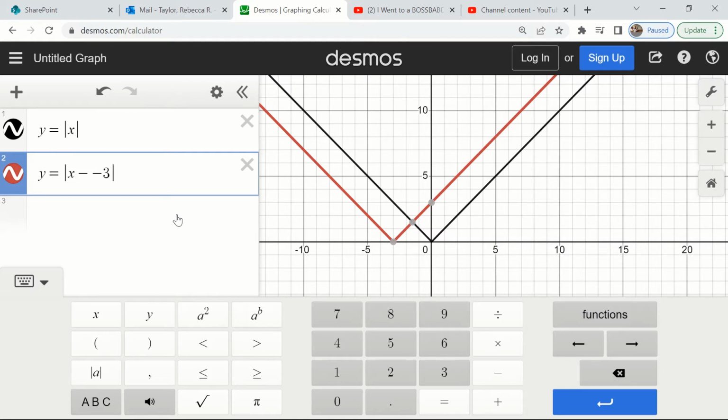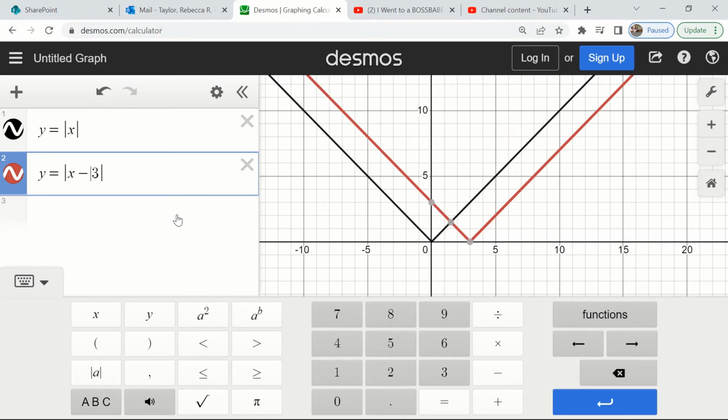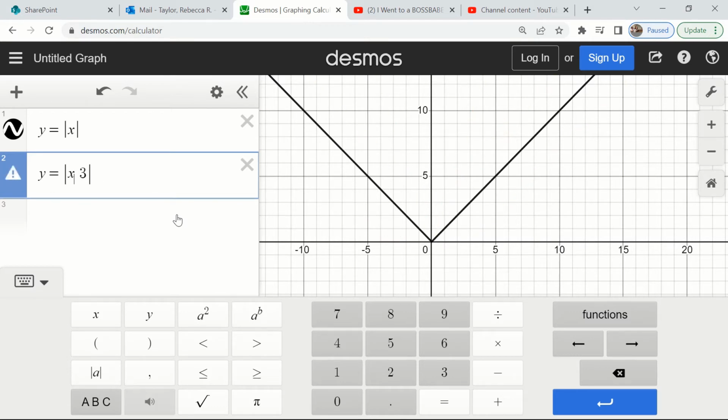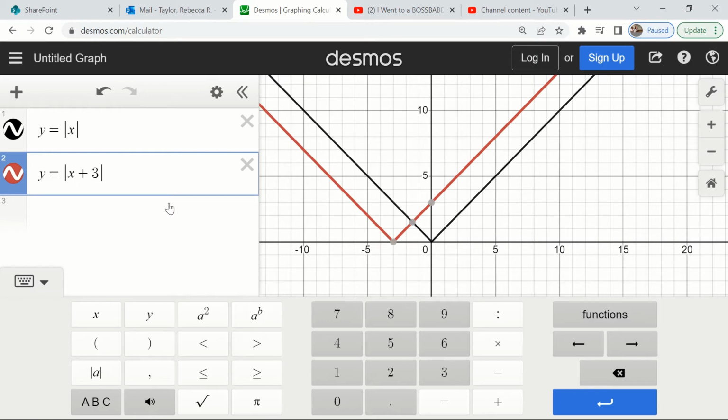You can really see that. Subtracting a -3 does exactly the same thing as adding 3. This is probably the most common mistake that students make every year with the transformations: the left and the right are backwards from what you're expecting them to be.